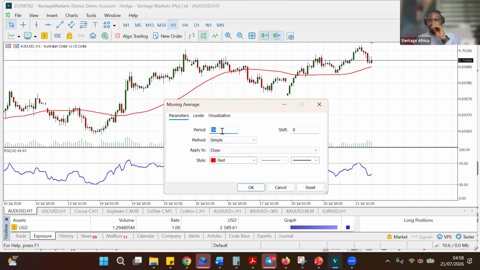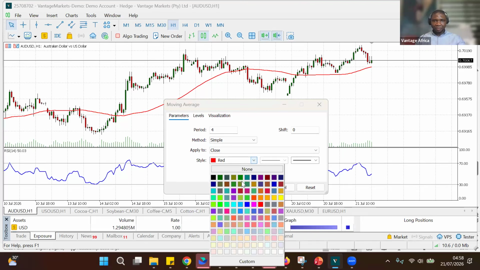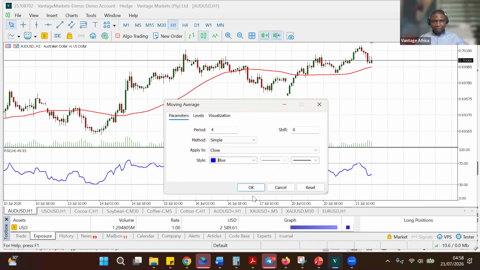But let's put up a faster moving average here, so that whenever it crosses this red one, it would give us a signal for entries. So let's use a 4. A popular strategy is a 4 and 50 moving average. So, simple moving average, 4 and 50.